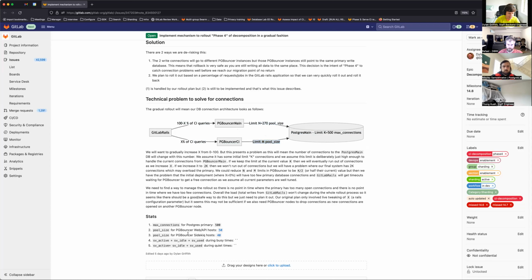These settings are called max connections in Postgres. Pool size seems to be what we use in PGBouncer to set limits on how many connections the PGBouncer will open to the Postgres database. Although PGBouncer has many configurations that control this, it seems like pool size is the one we're using.